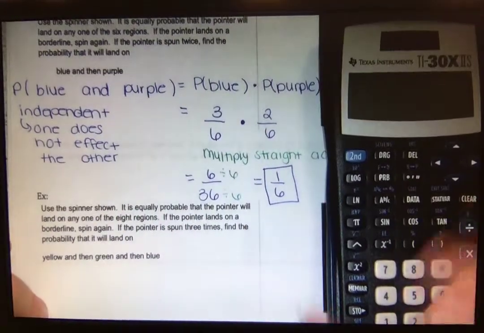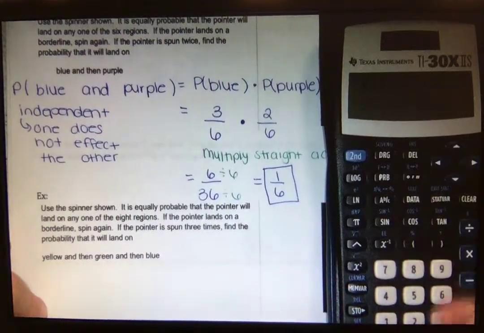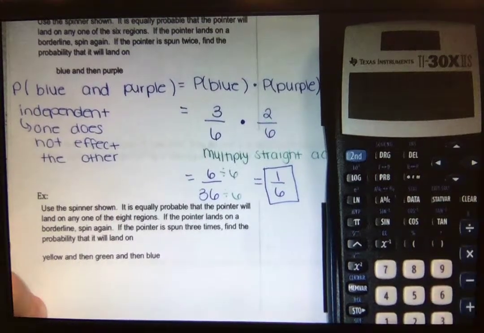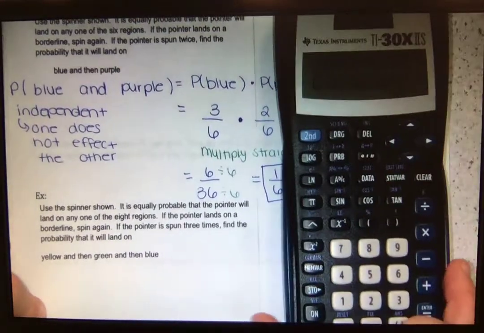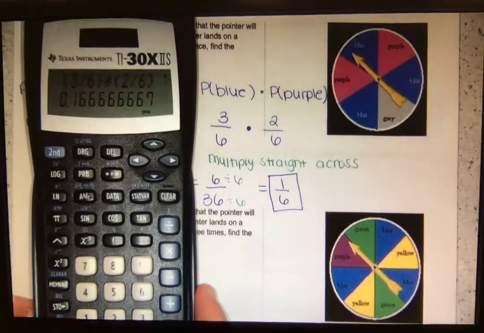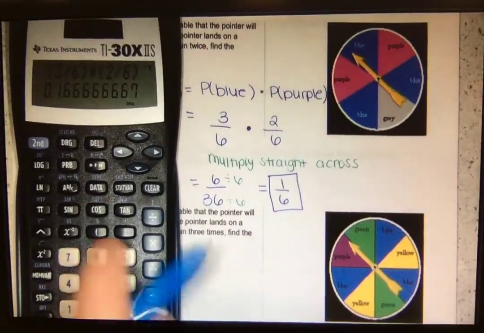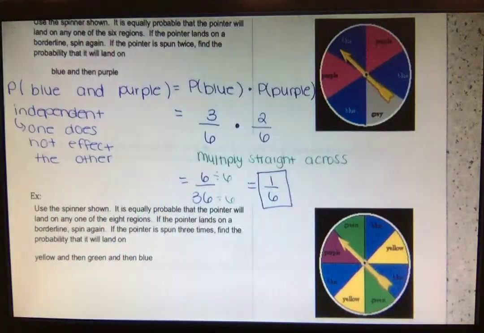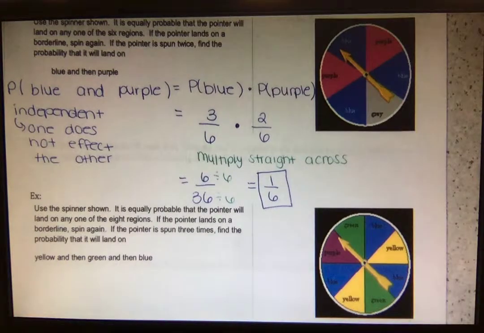Yes, you can also plug it into your calculator: 3 divided by 6 times 2 divided by 6 equals, and then turn this into a fraction. Some of them in my math lab will say rounded decimal, but we'll get to it.